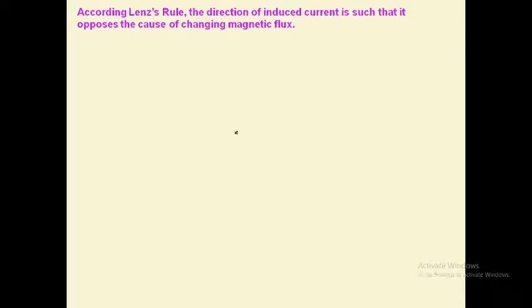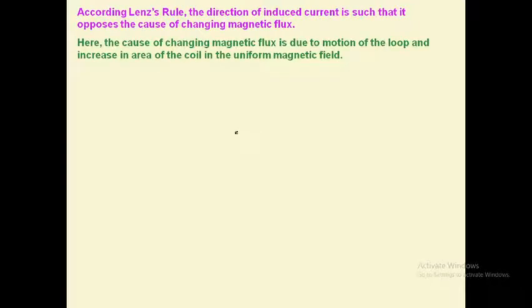Because Lenz's rule says the direction of induced current is such that it opposes the cause of changing magnetic flux. Hence, the cause of changing magnetic flux is the motion of the loop and increase in the area of the coil in the uniform magnetic field.